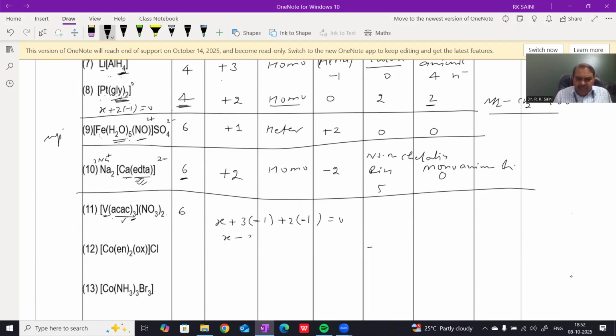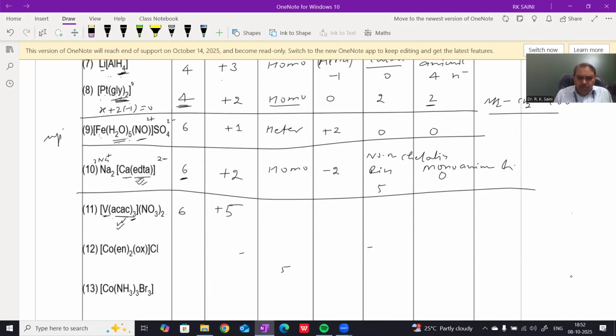Therefore, X -3 -2 equals 0, X -5 equals 0, and hence the oxidation state of vanadium is +5. It is +5 because acetylacetonato is a mono-anionic bidentate ligand with charge -1, and the nitrate ion also carries -1 charge.